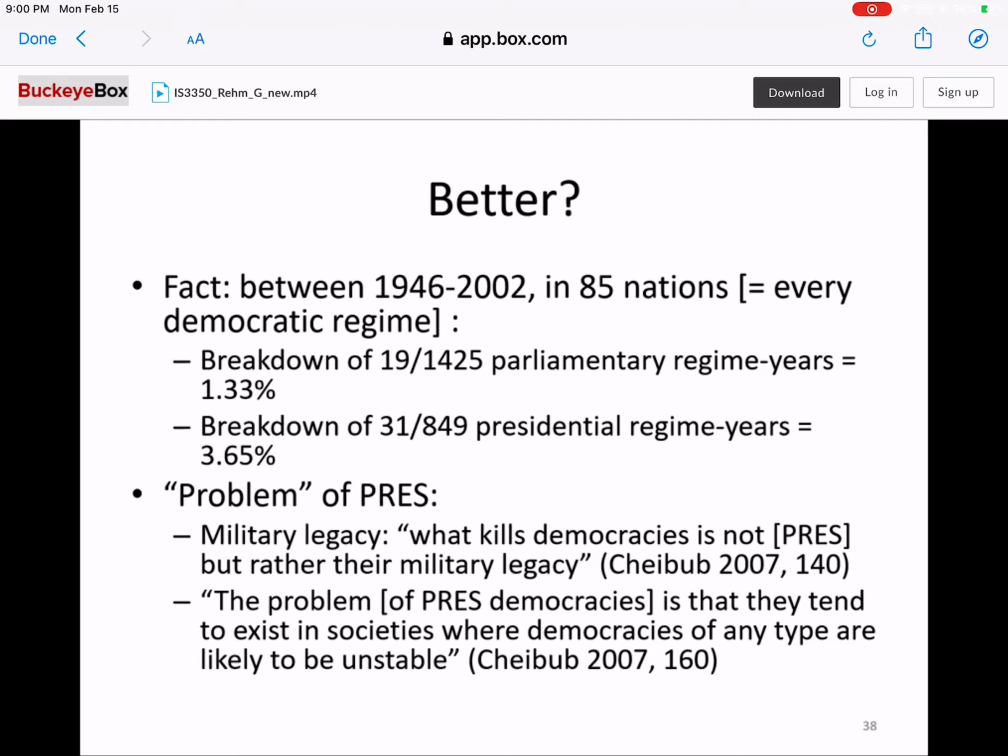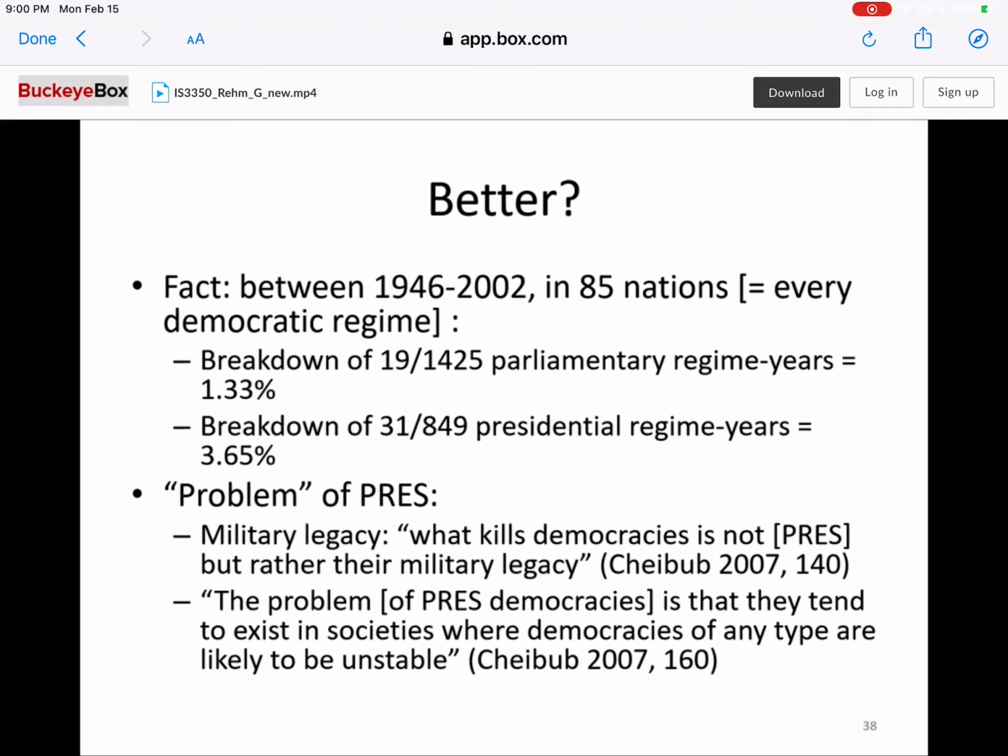facts is more contested. And some people argue that what kills presidential systems or democracies is not presidentialism, but rather the military legacy. Remember that we've seen that most presidential systems exist in Latin America. Well, many systems in Latin America emerged out of military dictatorships.